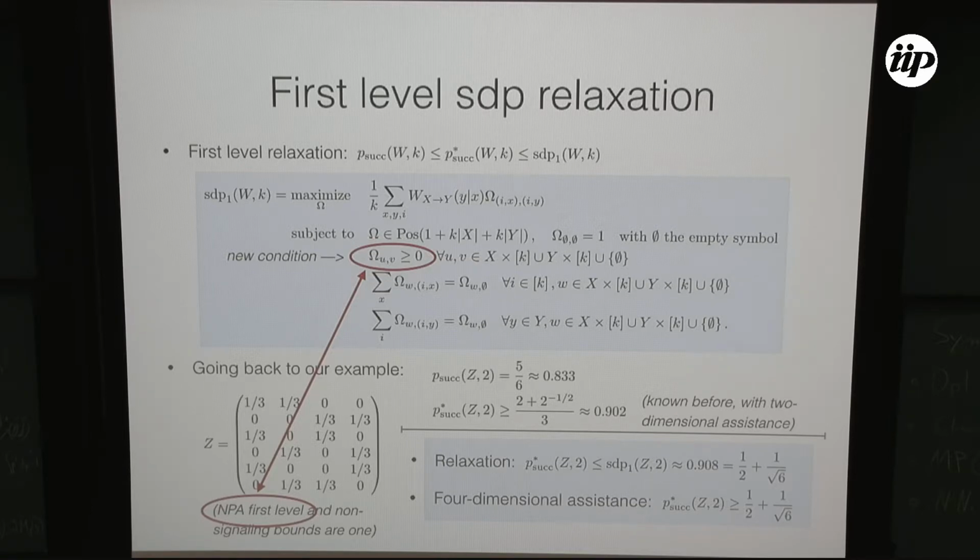If you don't put this condition, the value of this program will just be 1, which is a trivial value, because it's a success probability and can be at most 1. So the first level of the NPA hierarchy will not give you the correct value here. You can also put in the non-signaling bounds that Omar mentioned quickly, and this bound will also be 1.